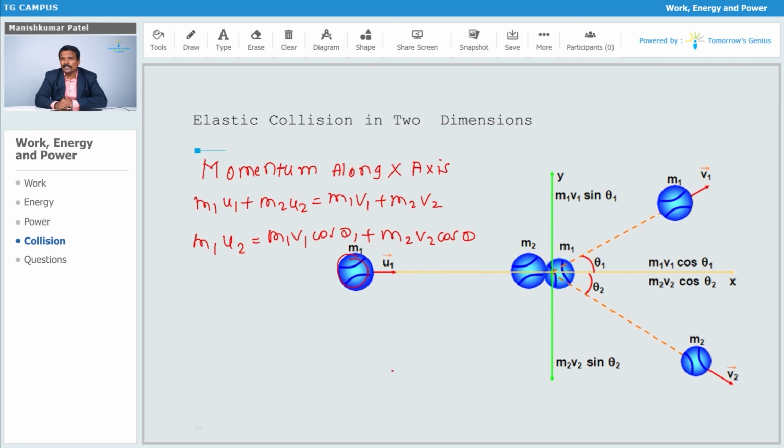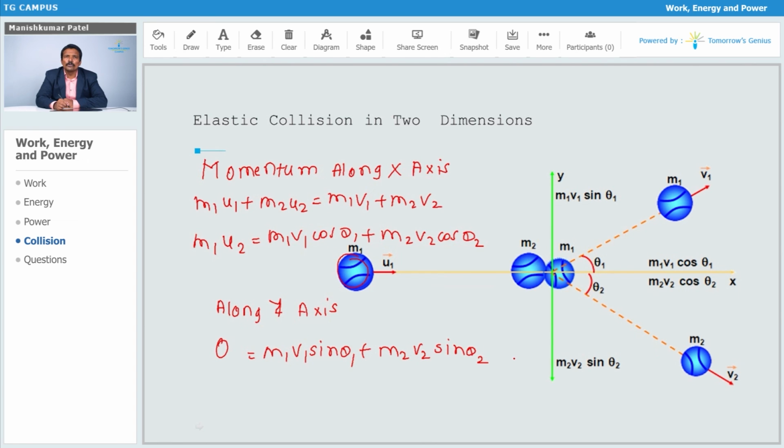Along the y-axis the initial momentum is 0, and the final momentum is m1 v1 sine theta 1 and m2 v2 sine theta 2.